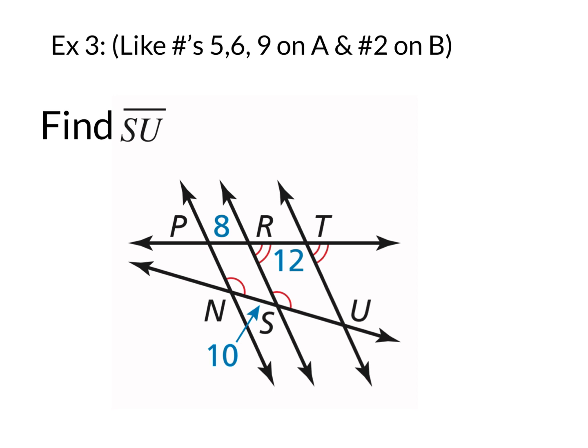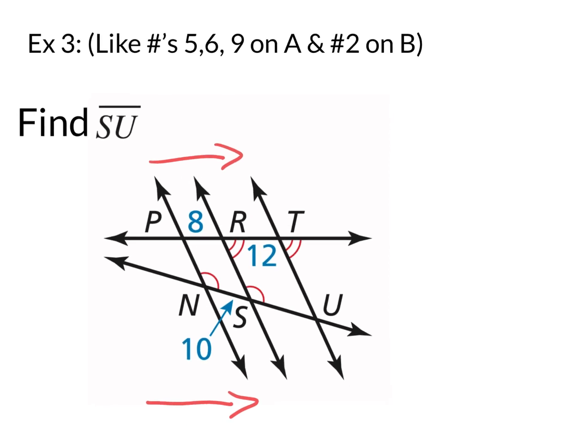Let's do this example. It's like 5, 6, and 9 on A, and number 2 on B. So once again, I'm just going to run left to right. And whatever way I go on one side, I have to do on the other. So I'm going to set up the proportion. The top is PR over RT.